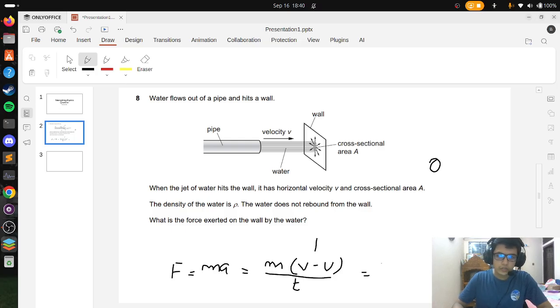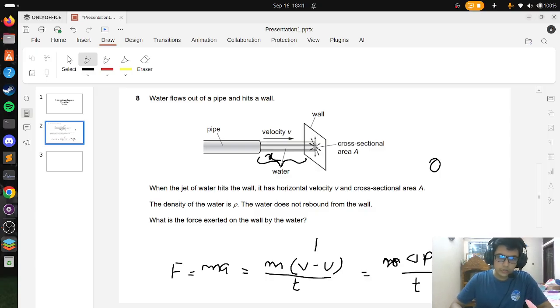In that case, we can write it as change in momentum divided by time t, the time it takes to reach the wall. The time it takes the water to travel from here to here requires time t. We'll assume this distance is x.